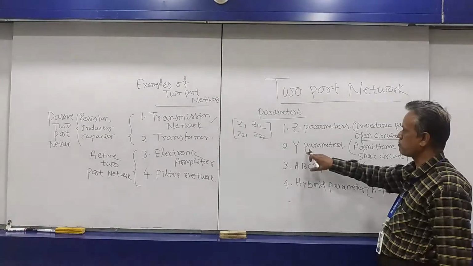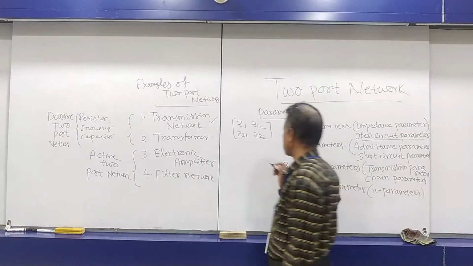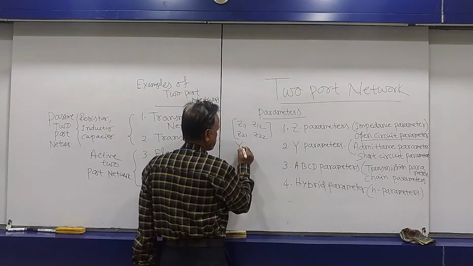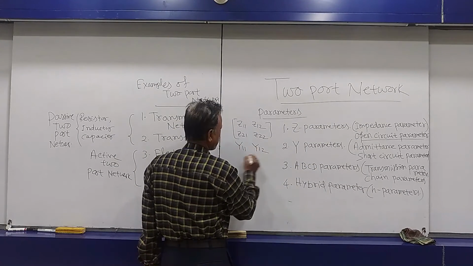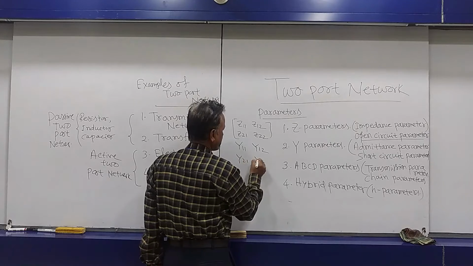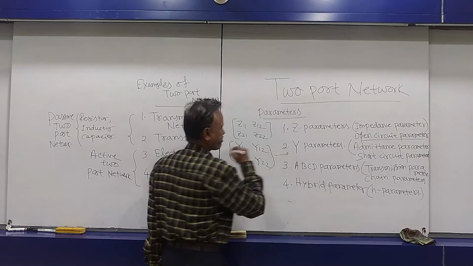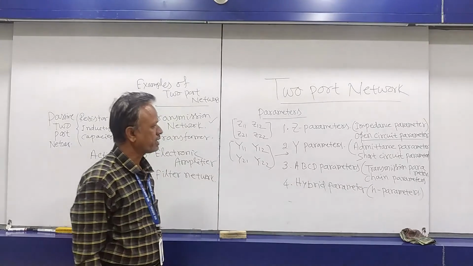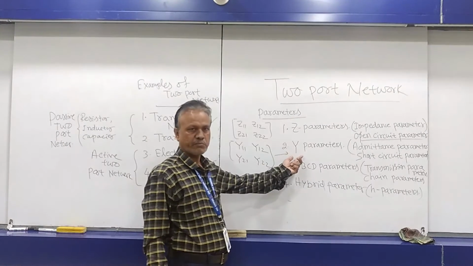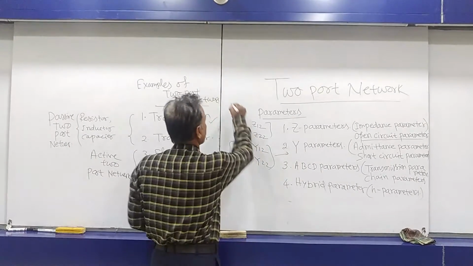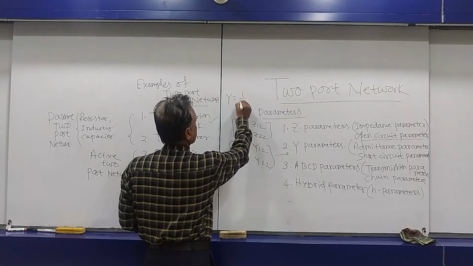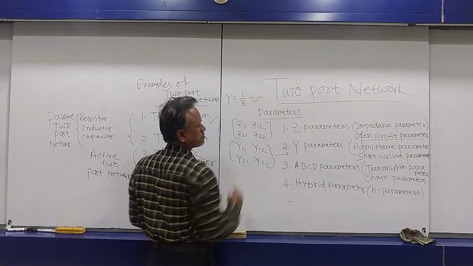Similarly, in case of Y parameters, let us write the Y parameters: Y11, Y12, Y21, Y22. Y is nothing but the admittance. That is, Y is equal to 1 by Z, its unit is mho.